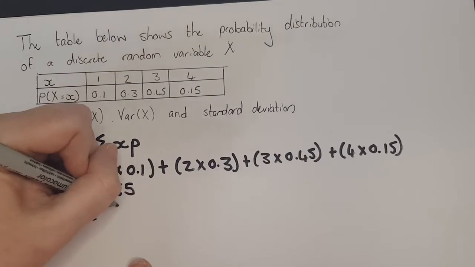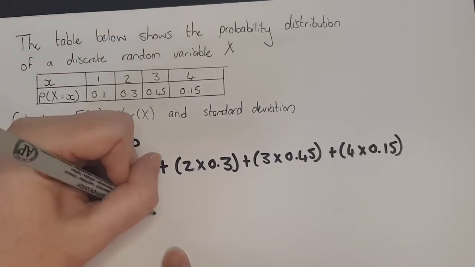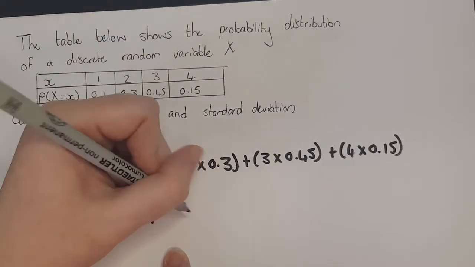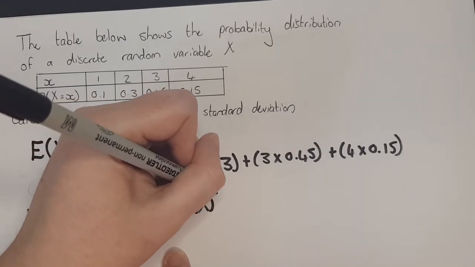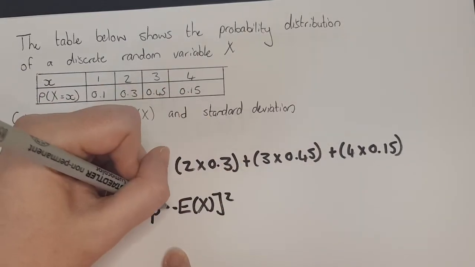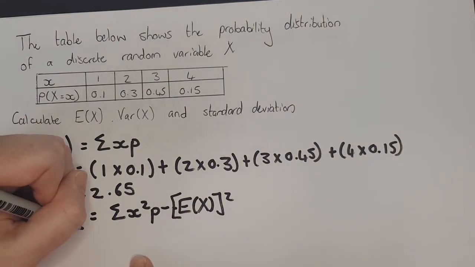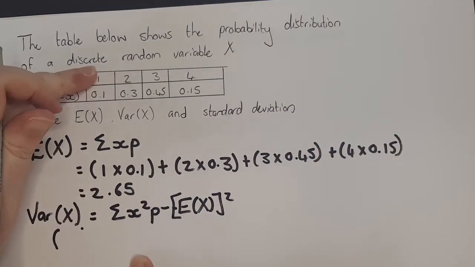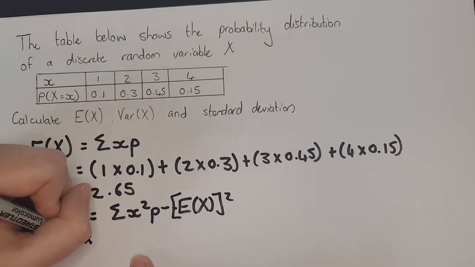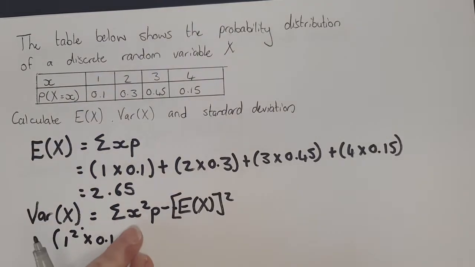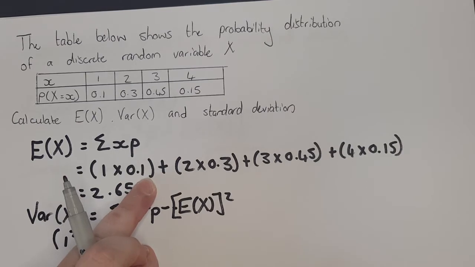Now the next one is I need to calculate the variance of X. The variance formula is the sum of X squared times the probability, minus my expectation squared. So I'm going to take each individual X value, and first I'm going to square it, then multiply it by the probability. So you only square the X, not the whole thing, and not the probability.